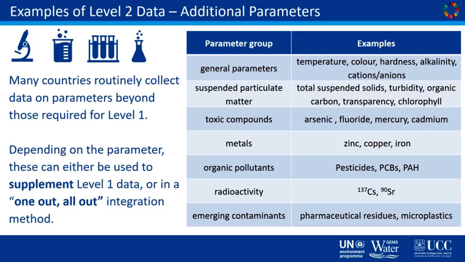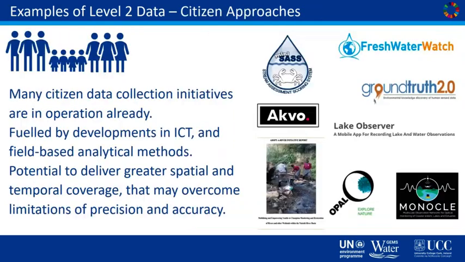General and physical and chemical parameters are best integrated by expanding the classification list, whereas parameters that are toxic are best suited to a one out all out approach, because if toxic compounds exceed their target values, this exceedance may not be apparent and picked up if all of the other parameters meet their targets, because the 80% compliance ratio may still be met.